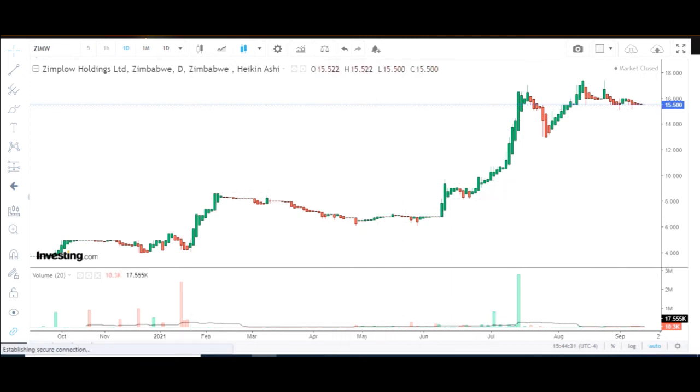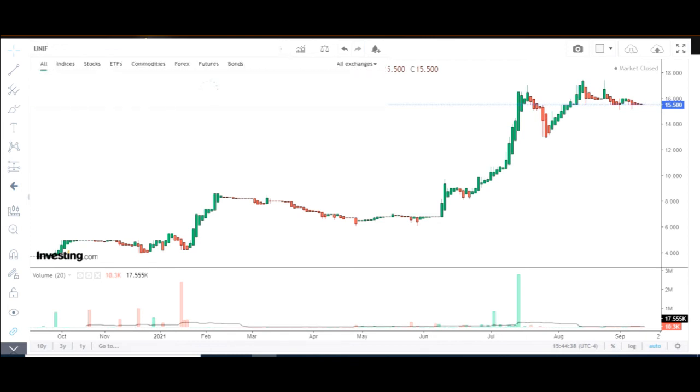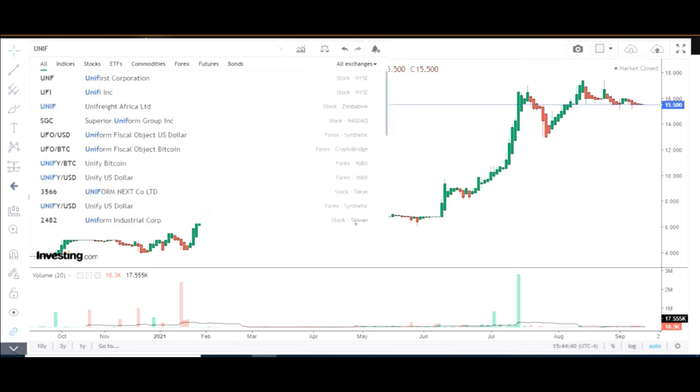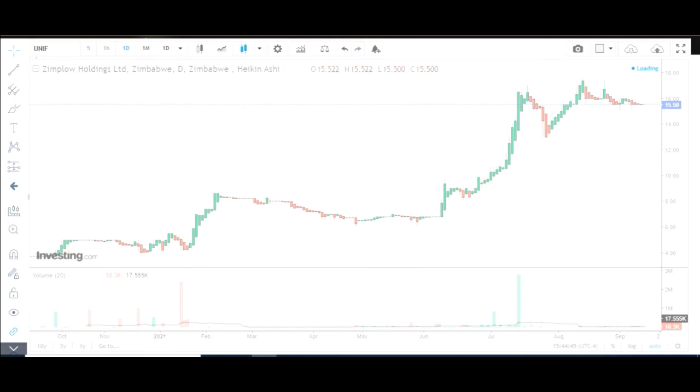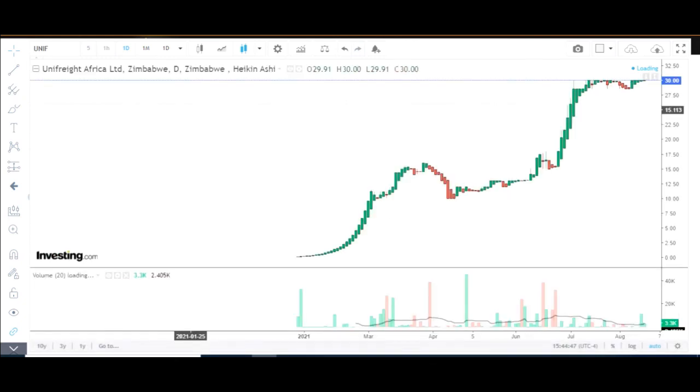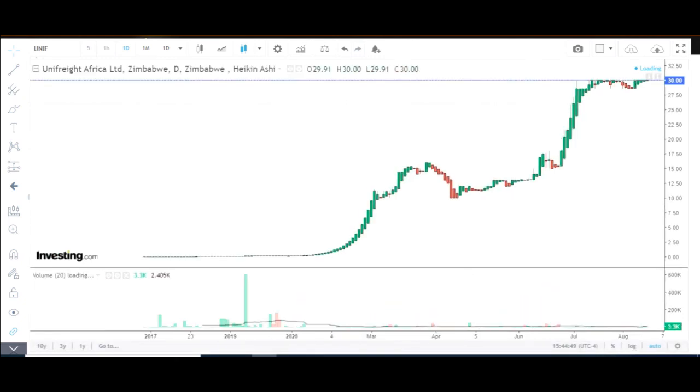The last counter that we have to look at is Unifreight Africa, and from the chart you can also see a beautiful uptrend here, a very nice uptrend with just a few red candles.